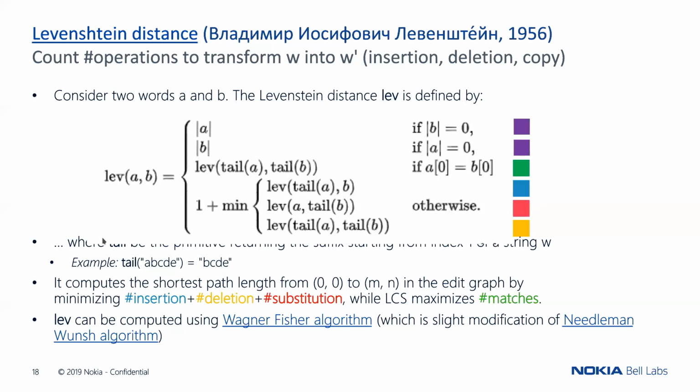Sorry, here it was written where tail is the primitive returning the rest of the string, so you just pop the first character, if I remember well. Yes, this is it. You consider a string, for example, A, B, C, D, E, and the tail of A, B, C, D, E is B, C, D, E. This is what is written here. And so here you just define the Levenshtein distance according to this primitive.